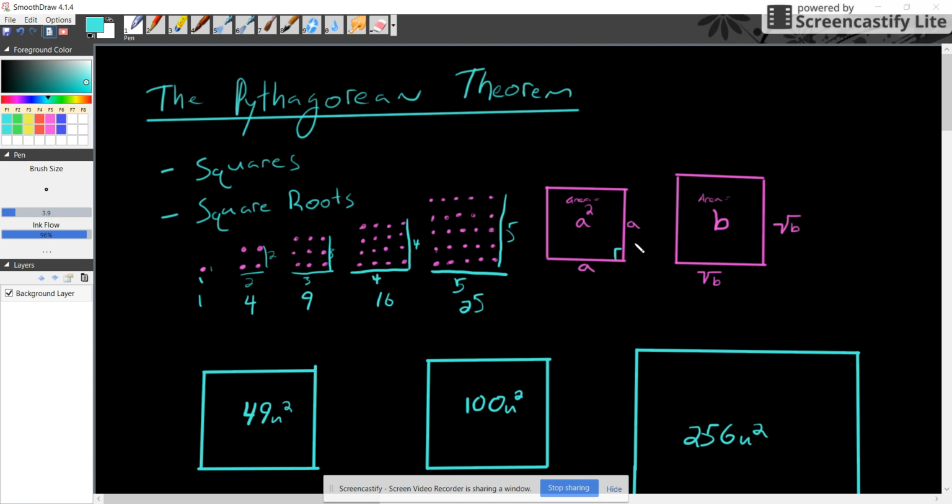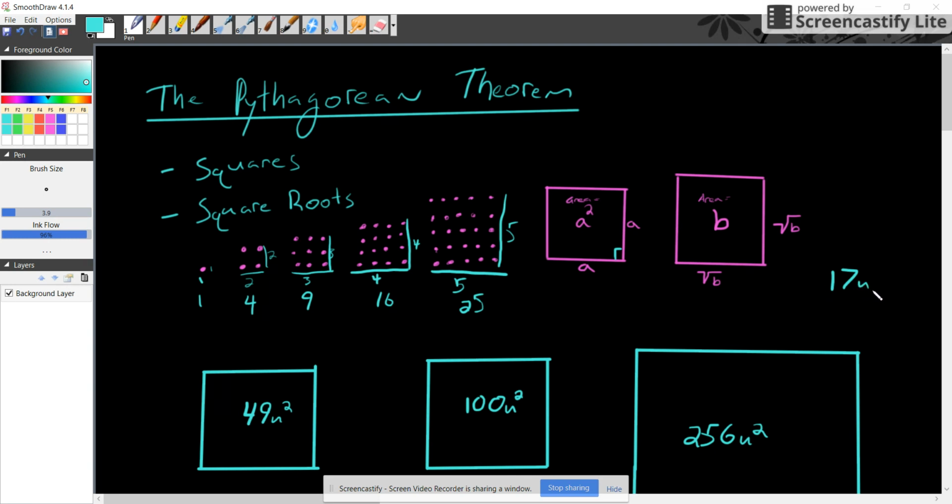Every real number has a square root if it's a positive number. That means even something that is not a perfect square, so we can pick 17, which is very obviously not a perfect square.